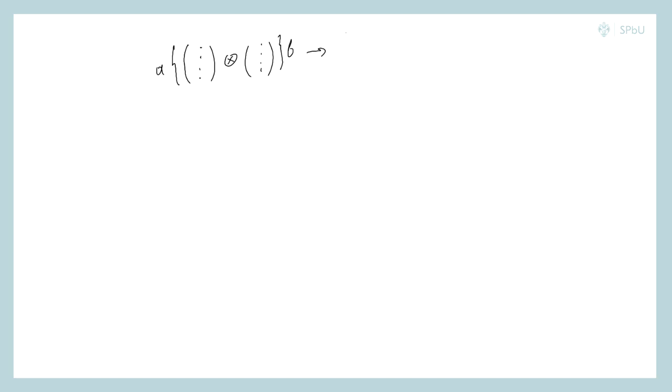So the result is an element of the Hilbert space H to the power A multiplied by B, and the dimension of this Hilbert space is obviously A multiplied by B.